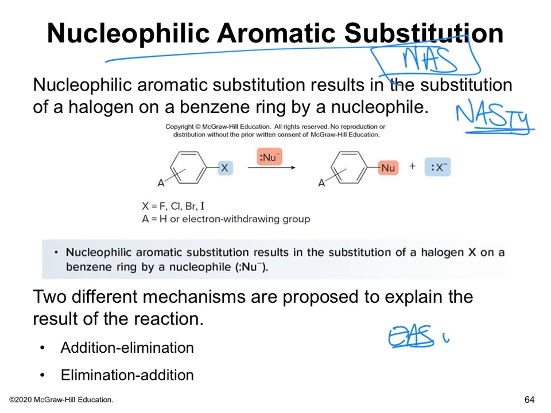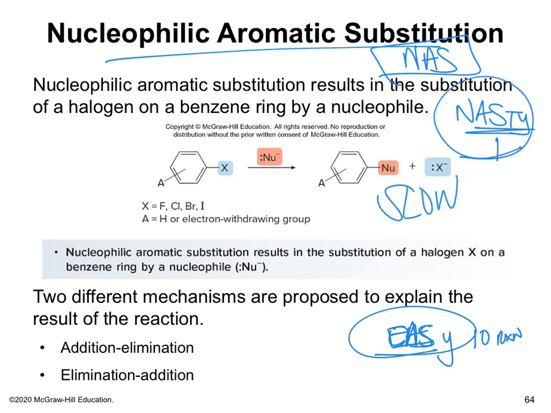EAS I think, oh, that's easy. We do maybe 10 of these reactions to 1 of the NAS, which is kind of nasty. The reason why it's nasty is that they're slow, they're meta directors, slow reactions. This is harsh conditions. It doesn't want to happen.